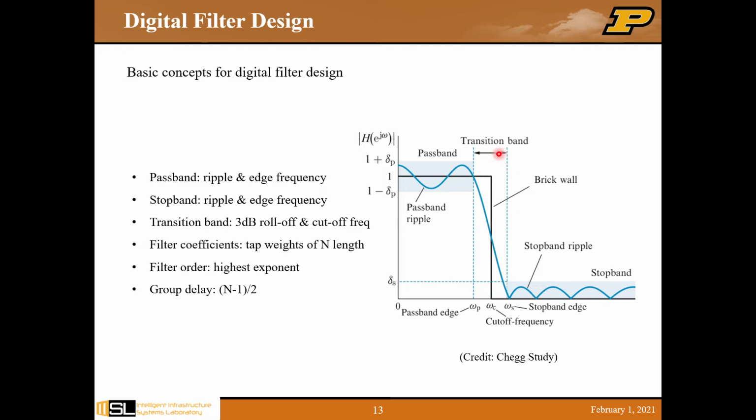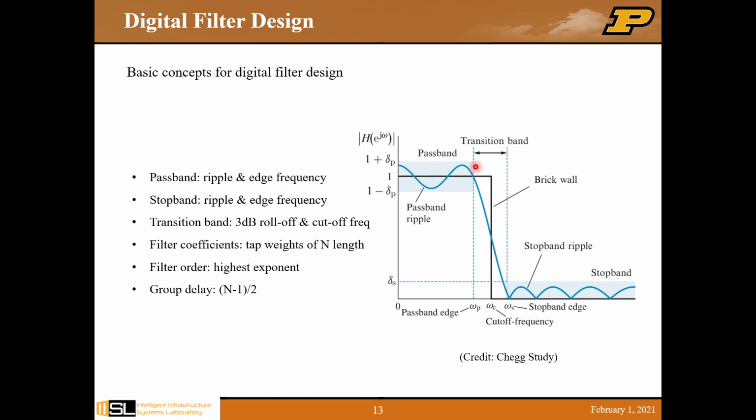They will have some ripples here. For some filters we can mitigate that, but it's not easy to completely remove it. Between them is the transition band, because we can never realize this idealized brick wall filter.